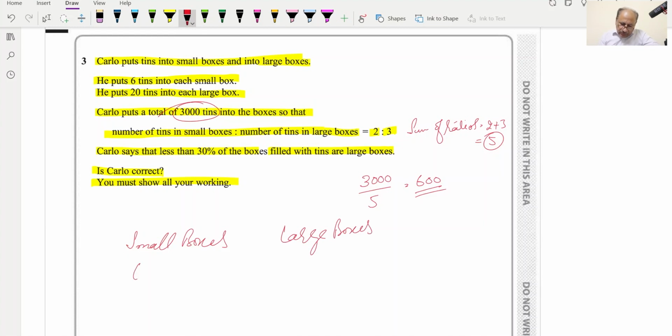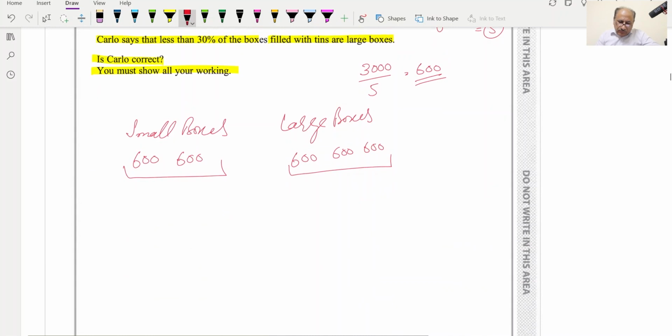Small boxes contain 2 parts and large boxes contain 3 parts. So this is small boxes, this is large boxes, which means this will contain 1200 and this will contain 1800.